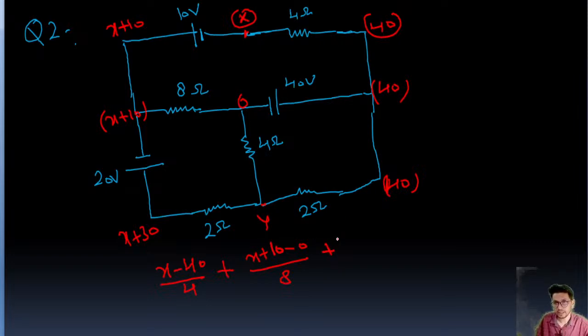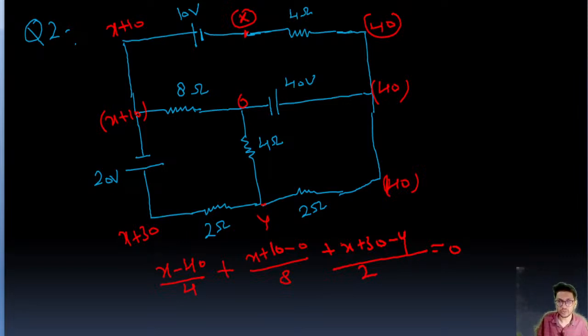And here it is going to be, at this point, x plus 30 minus y upon 2 equal to 0.